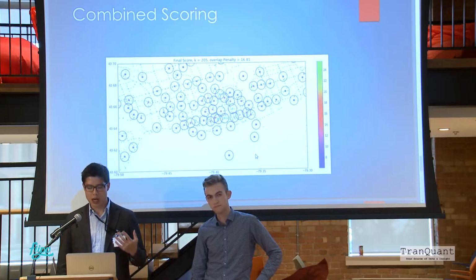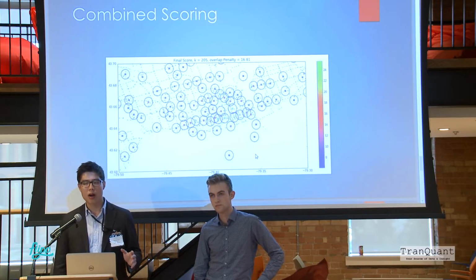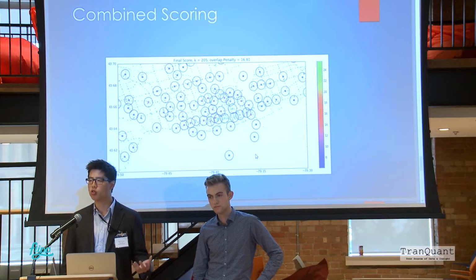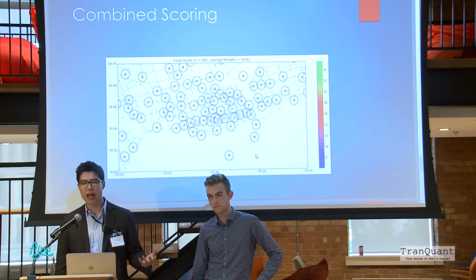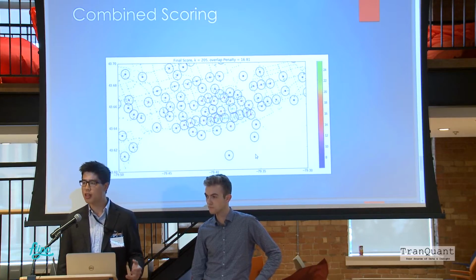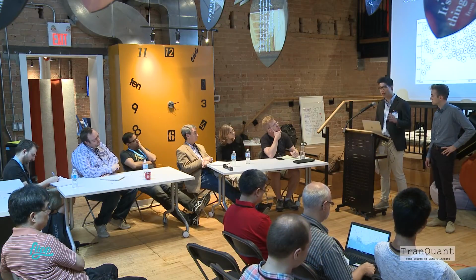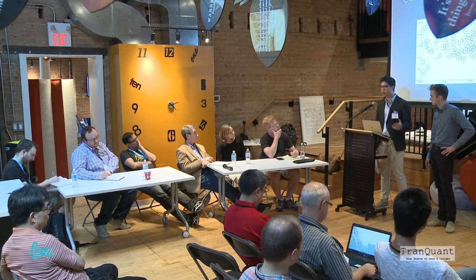Now we came to a part where we had to decide, how do we compare all this data? We're trying to come up with some final score, but how do we compare the number of check-ins to the number of transit stops? How many transit stops is 3,000 check-ins worth? That's really a difficult question, and that makes tuning the weights of our final score rather difficult. What we did is that we instead normalized the scores.